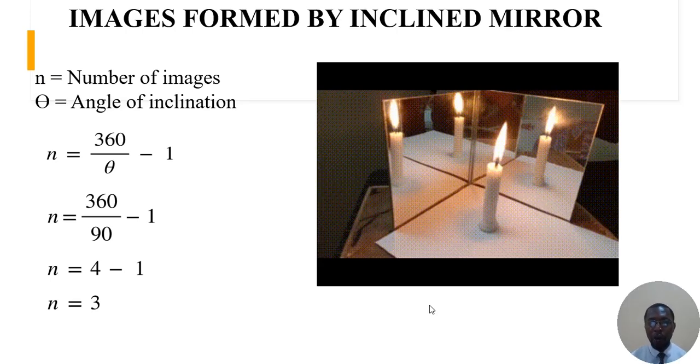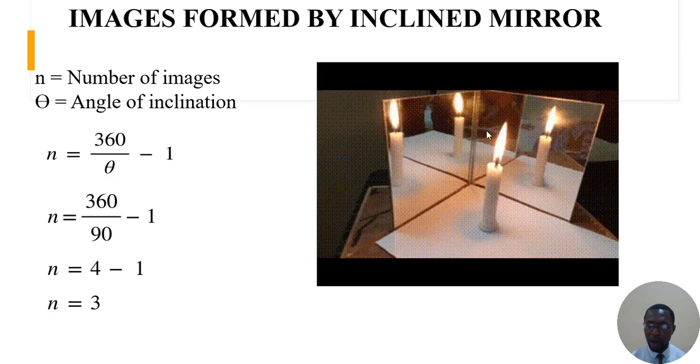Okay, good day everyone. So, in continuation of our topic last time, light waves, we'll be looking at the number of images formed by two mirrors. To see this diagram here, this is an object, a candle. Now, you could see that we have three images of that object formed in the mirrors.